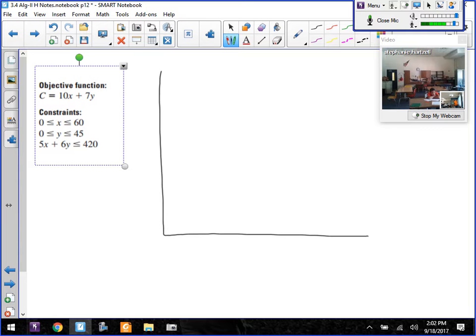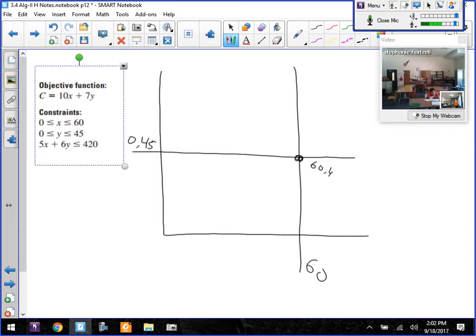You have 0, 60, 45 here, like that, which gives you this intersection at 60 and 45. The other one you get 84, is that right? Yeah, 84. It's 70.